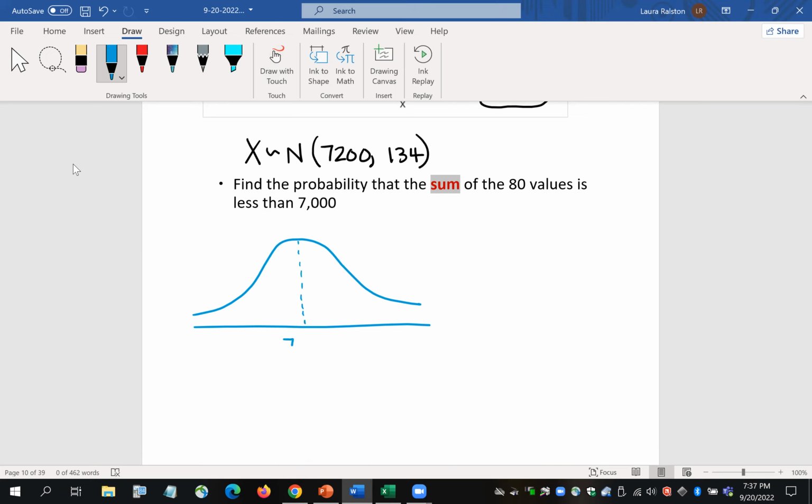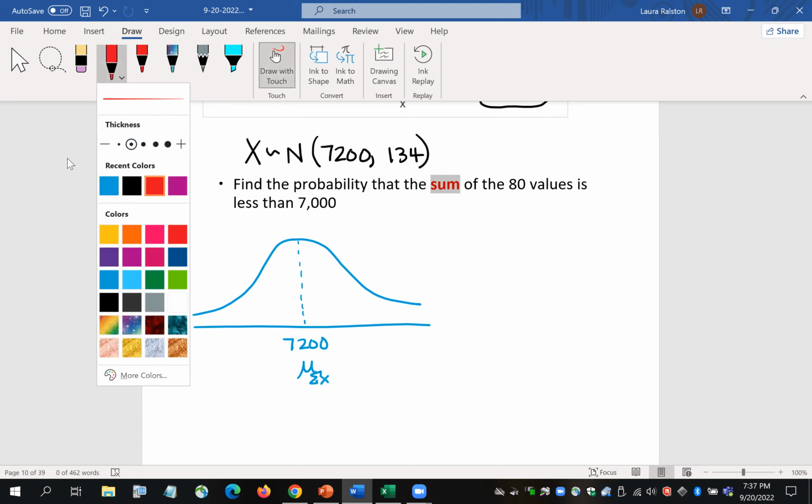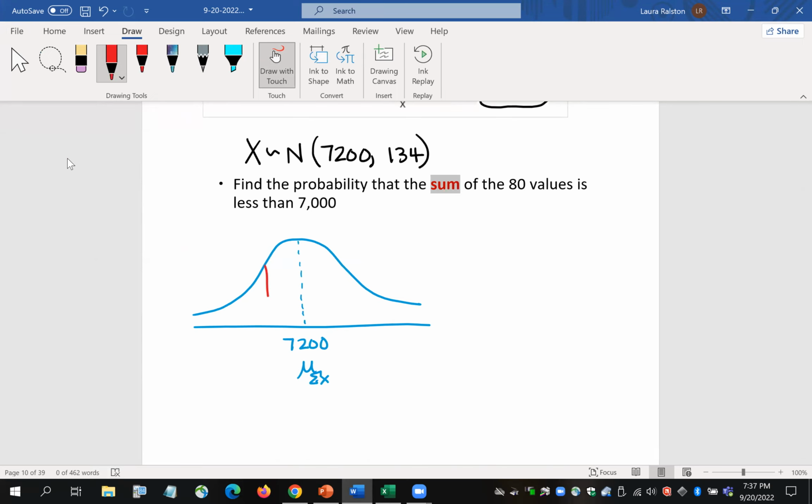The mean is in the middle, which is 7,200. We want to be less than 7,000. Since it's less than, less is always to the left, so it is a left tail.